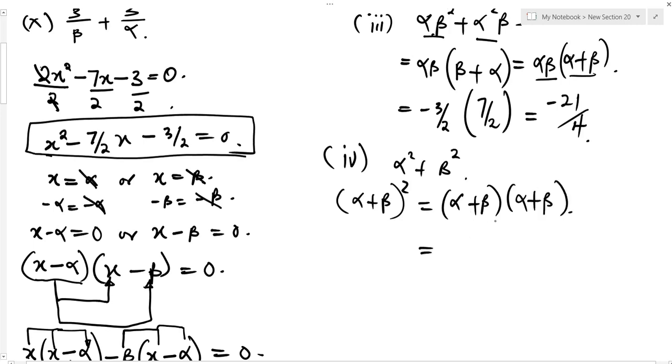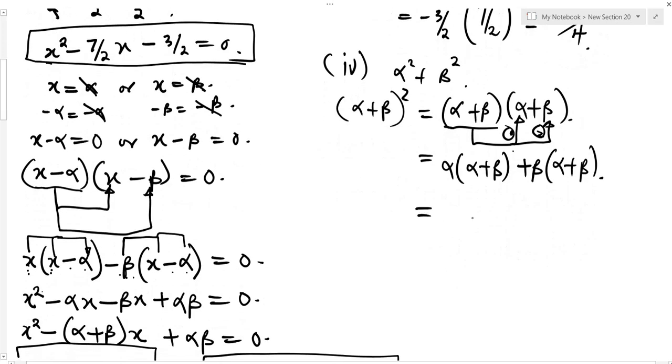Now if I open the brackets, it's just like saying the whole of this multiplied by this and multiplied by this. So the first one is alpha times alpha plus beta, then this one is plus beta times alpha plus beta.